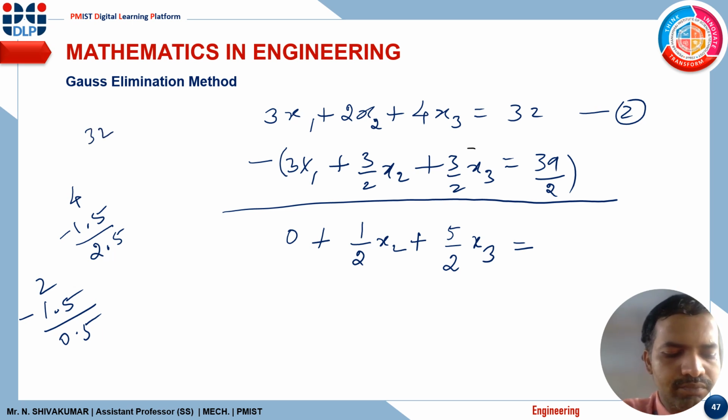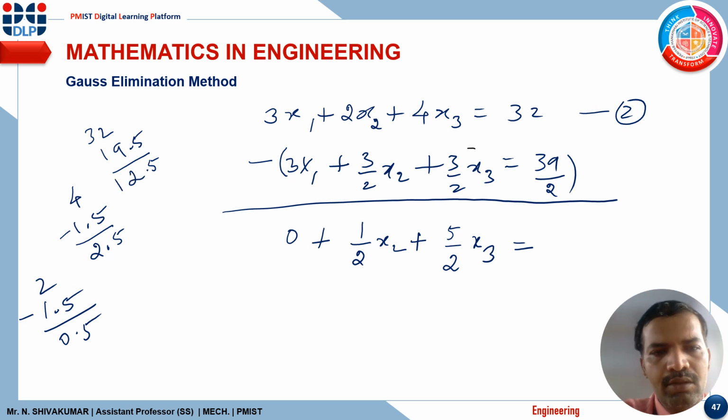So what is 39 by 2? 19.5. So 32 minus 19.5 is 12.5. 12.5 can be written as 25 by 2. Okay. Understand? So this is the end of step 2.